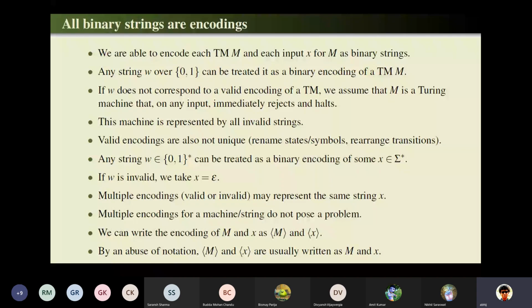But whenever I say M does this, M enters its accept state, then I am talking about that particular machine itself. So be careful. M and its encoding are different things, but we will write the same thing, M, to denote both.